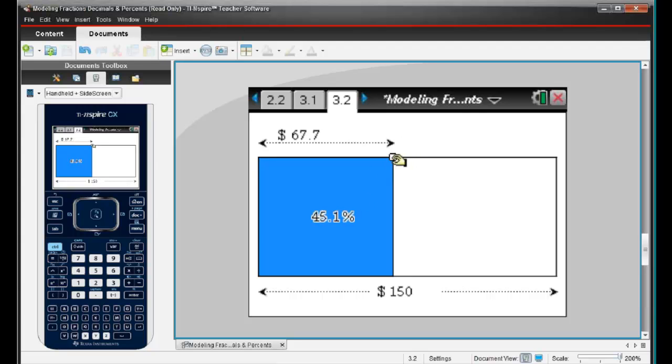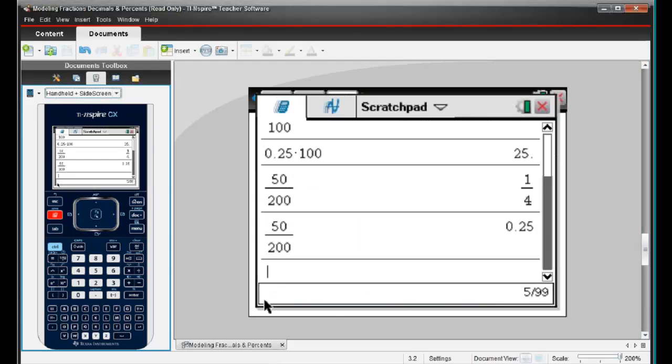But we can explore other area models, or other percentages. We can think of about a third. So $50 is about 1/3 of $150. Specifically, that was 50.09.